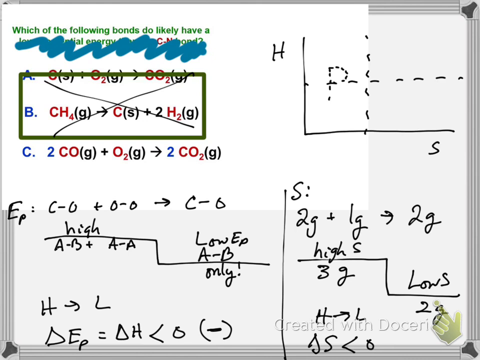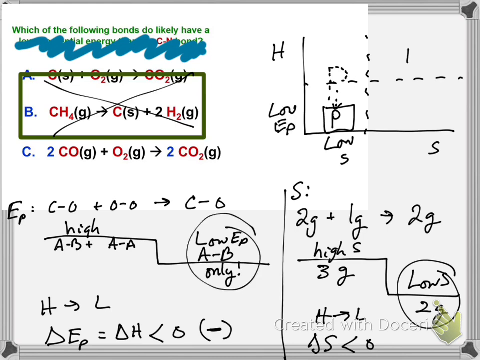Then we look at the energy. Energy is low for products, so we put our final products down at the bottom, low entropy. That also means our reactants are at high entropy and high energy, which should be in the top right.